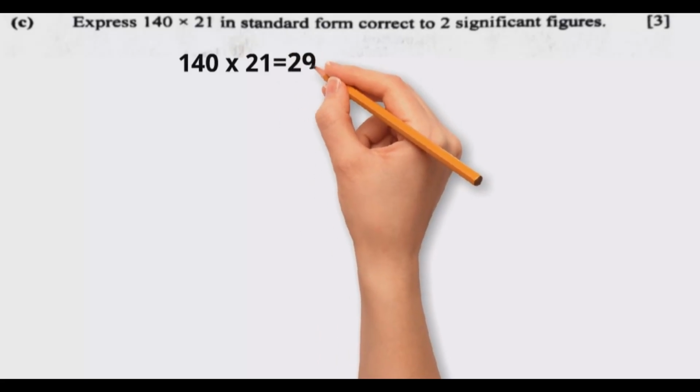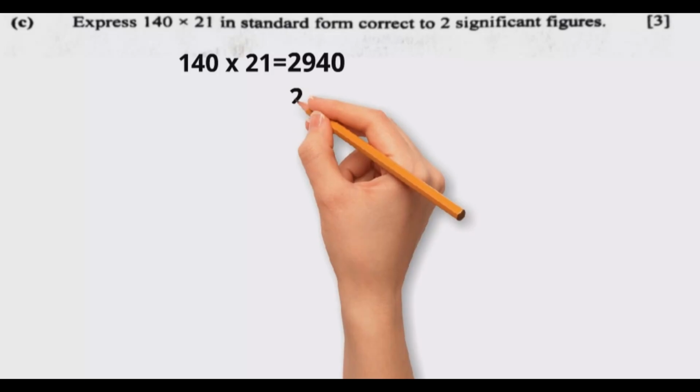So first of all, once I've written the expression there, the first step is to find the product of 140 times 21, which is 2940. Now, once I've found this, the next thing I'm going to do is I'm going to move the point until I have two significant figures.